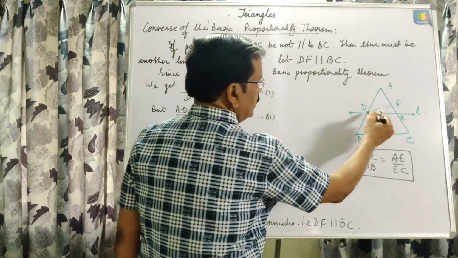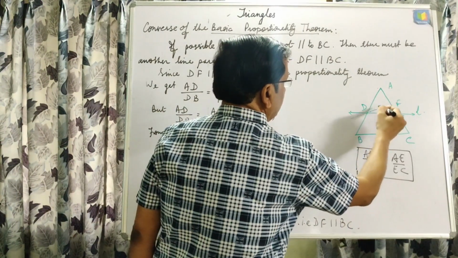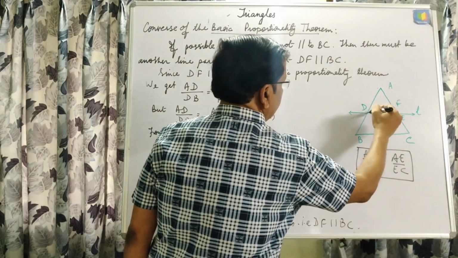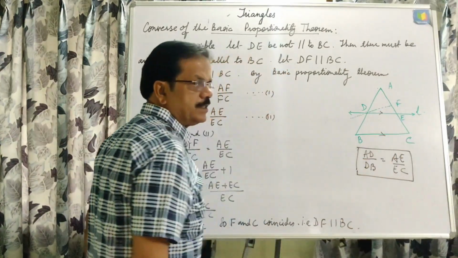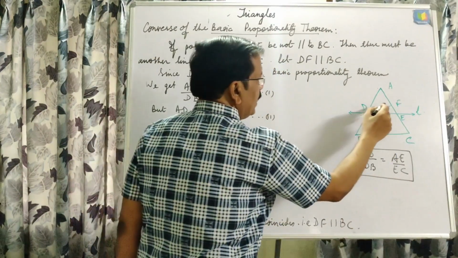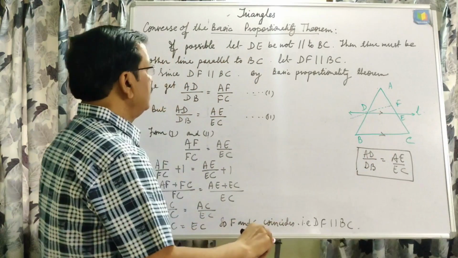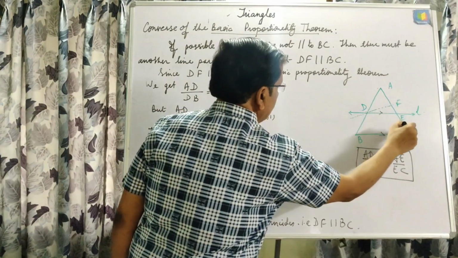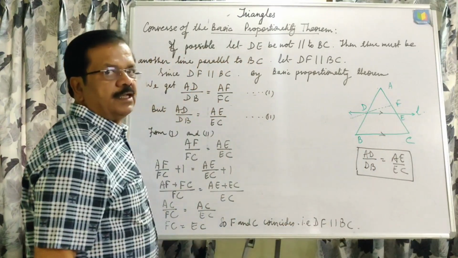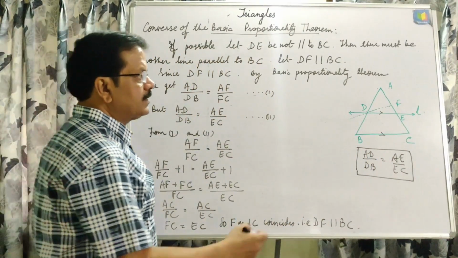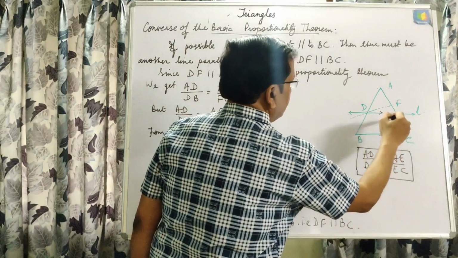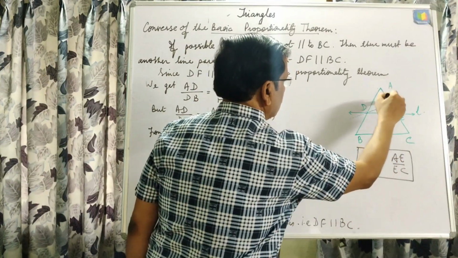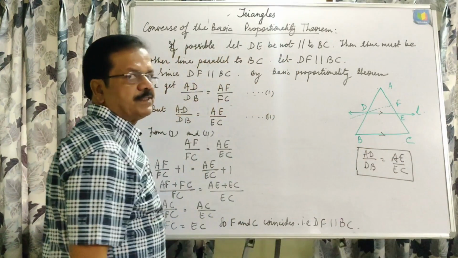In that case, suppose F is a point such that DF is parallel to BC. If DF is parallel to BC, then AD upon DB is equal to AF upon FC, because this is the condition. If this line is parallel to this, then AD upon DB is equal to AF upon FC.